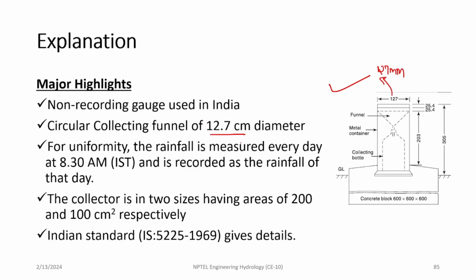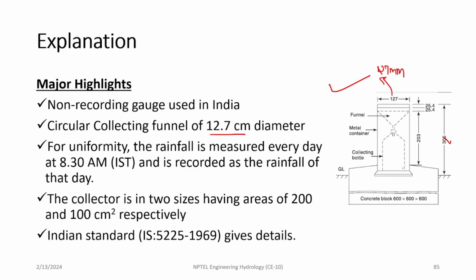So definitely the options which are associated, you will get 12.7 centimeter. Okay, also you should know what is the height of this collecting bottle. So it is 305 mm. Okay, so whatever rainfall comes into this, it is getting collected inside this bottle, and then we will be having some measuring flask.